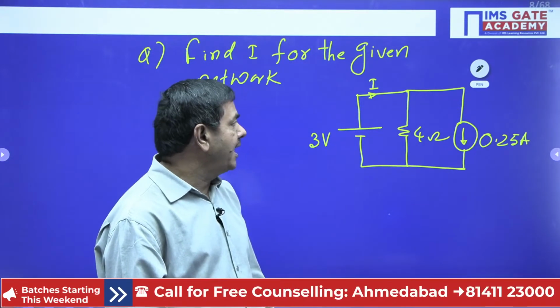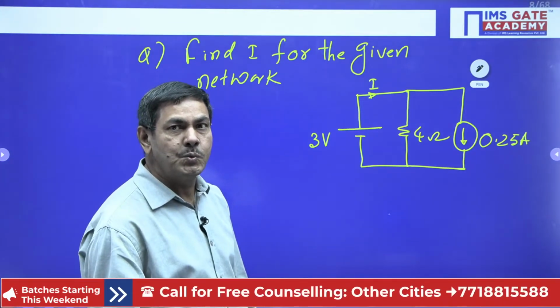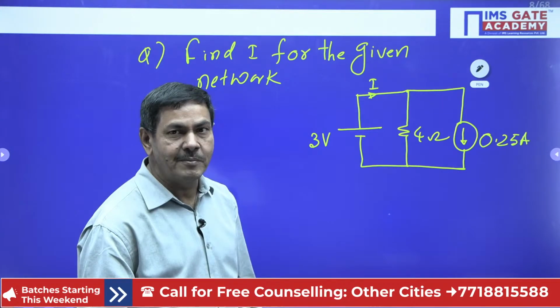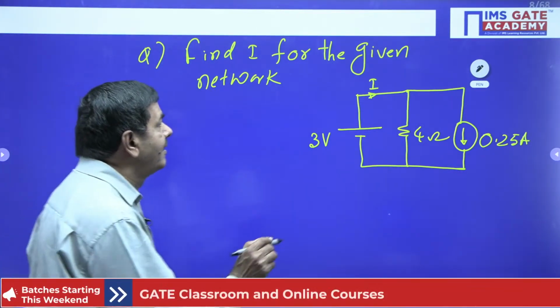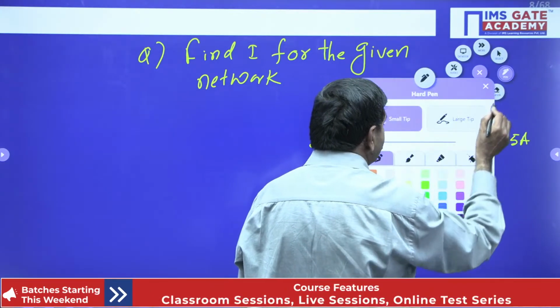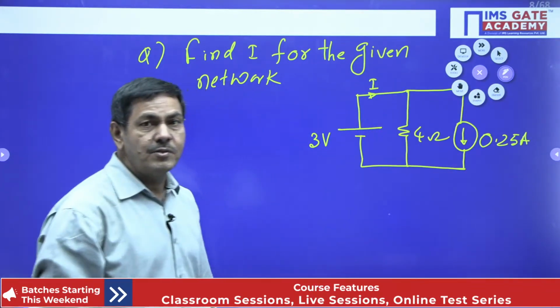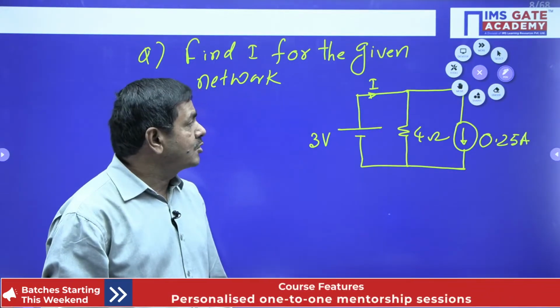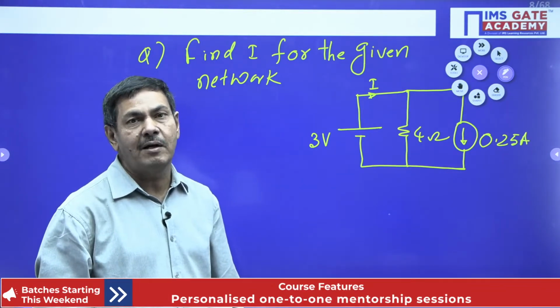But to understand well about the superposition theorem, this problem also I wish to do by using the superposition theorem, even if you know the other methods. How will I do it by using superposition, sir? Some students used to think superposition theorem means we need to draw the two circuits and calculate the value of current or voltage.